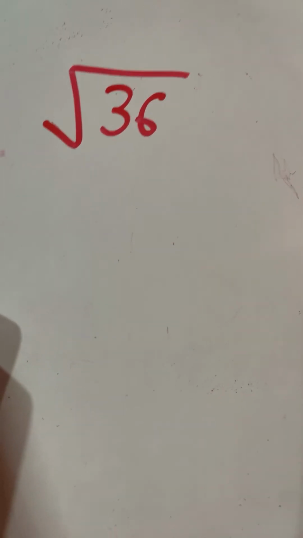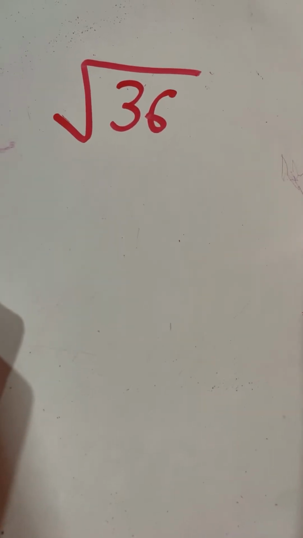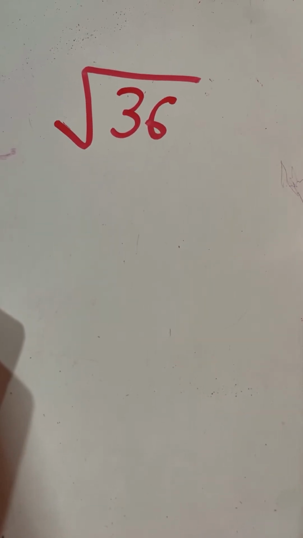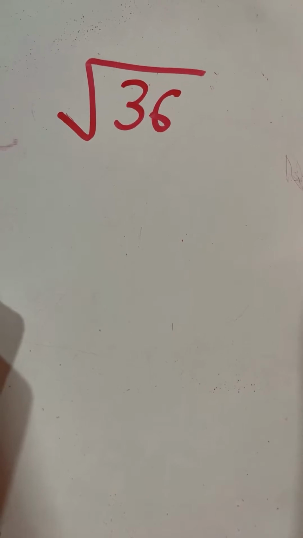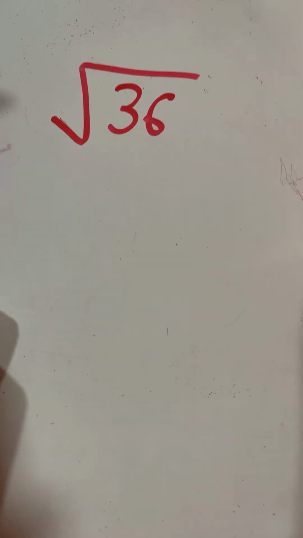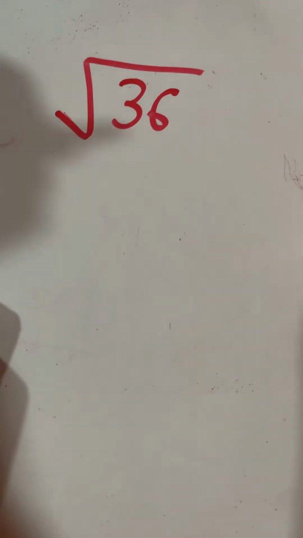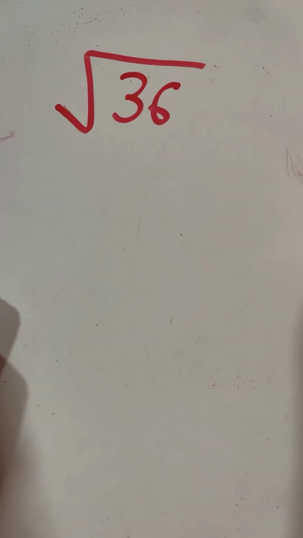Next problem, 36. What number multiplied by itself equals 36? Recognizing multiplication facts, I know that 6 times 6 equals 36. So the square root of 36 equals 6.